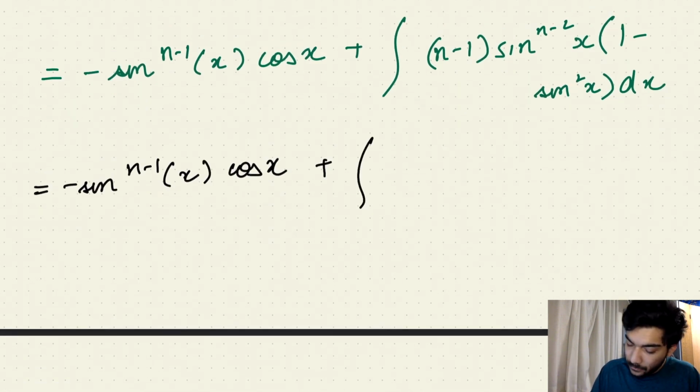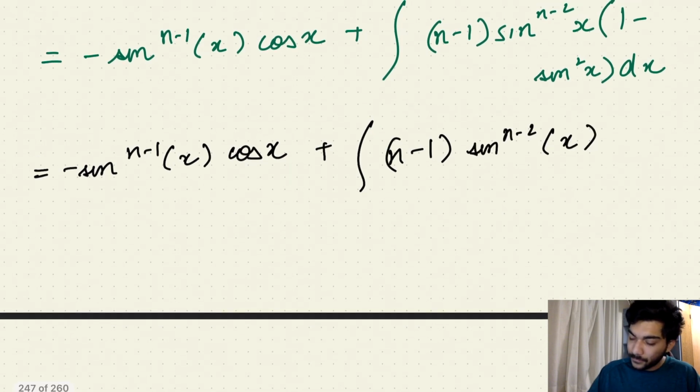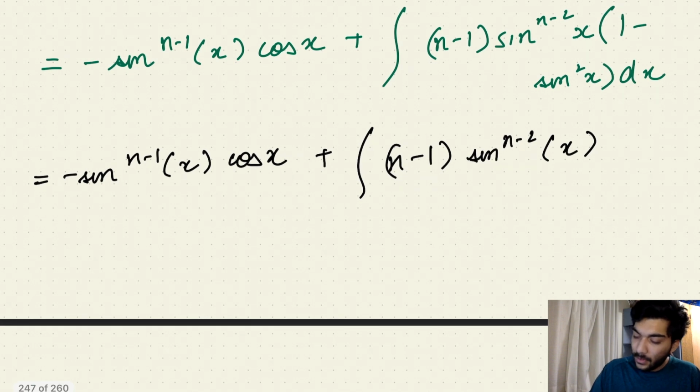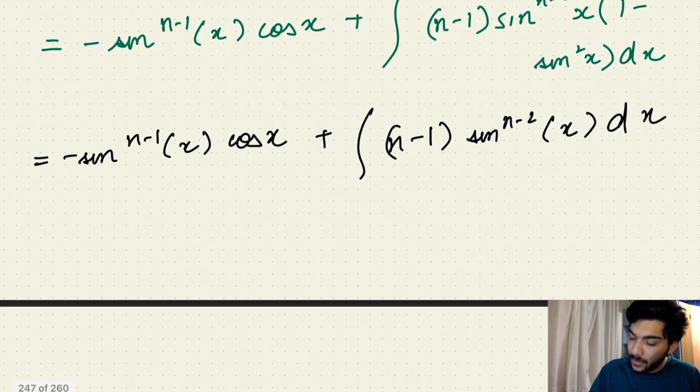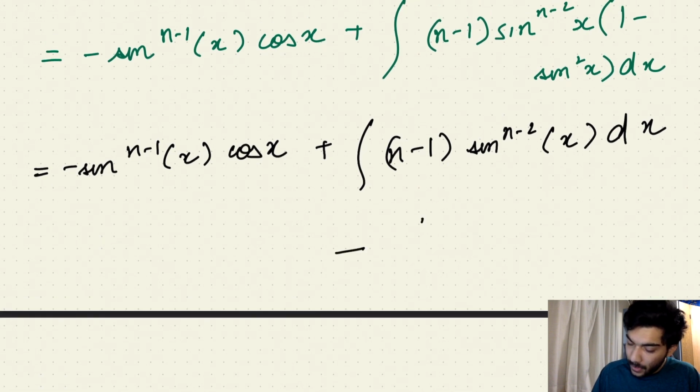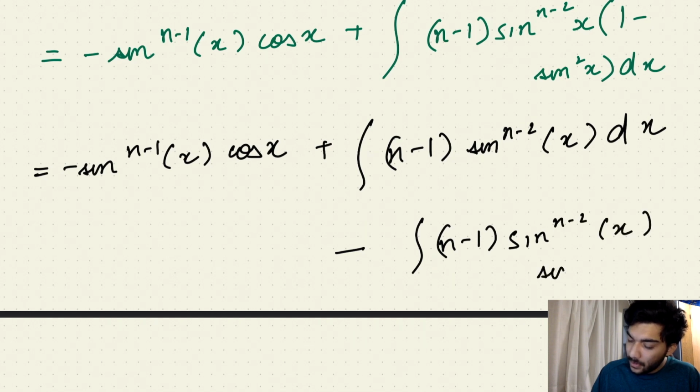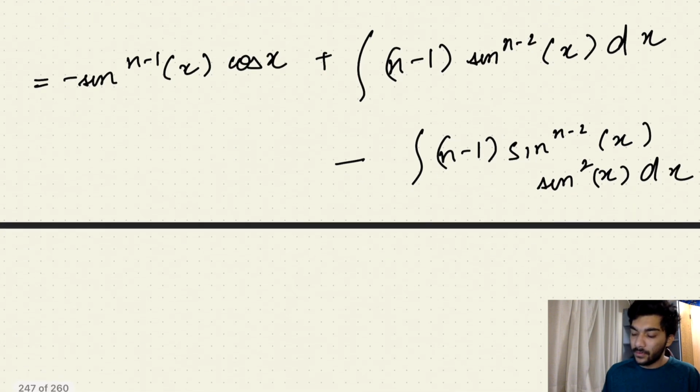So this would become integral n minus 1 sine n minus 2 x, right, the first expression over here. And the second expression would be negative integral n minus 1 sine n minus 2 x sine square x dx over here, right?